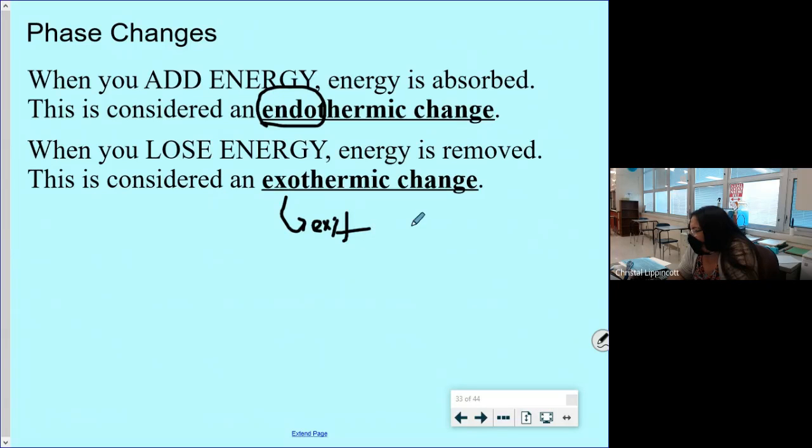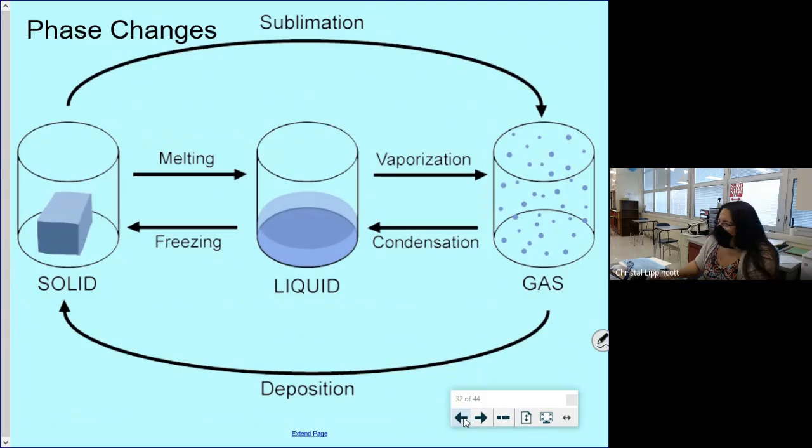It's not going well. So if I'm going this direction, from a solid to the gas, or solid to liquid to gas, this is endothermic.